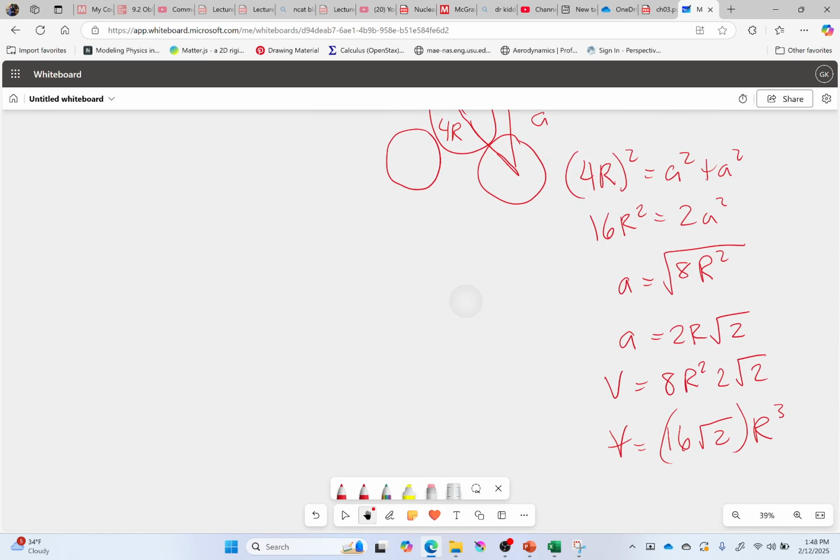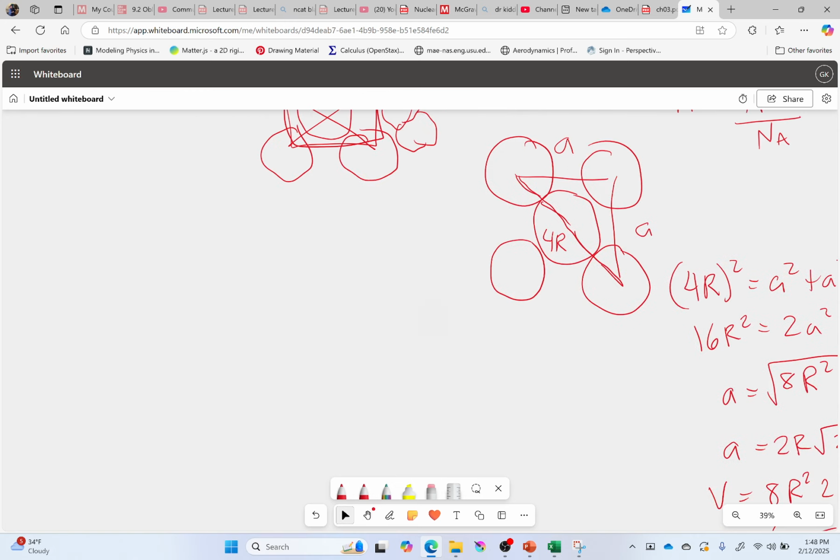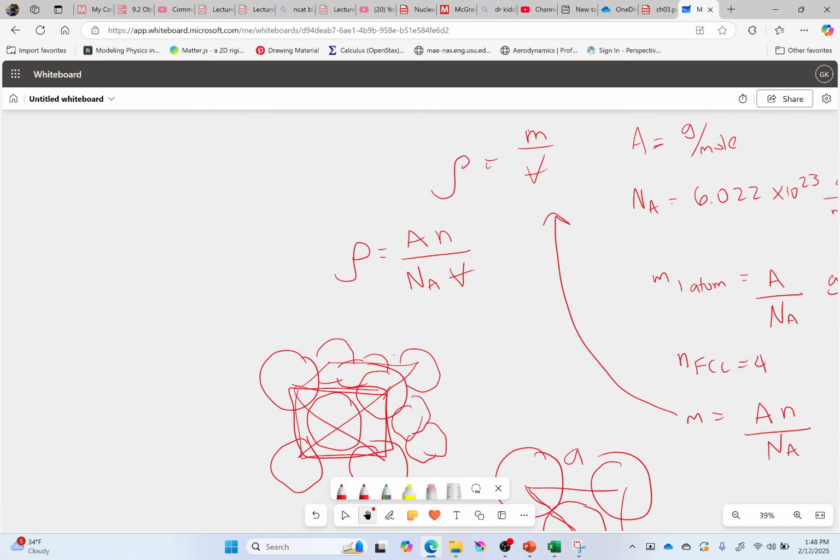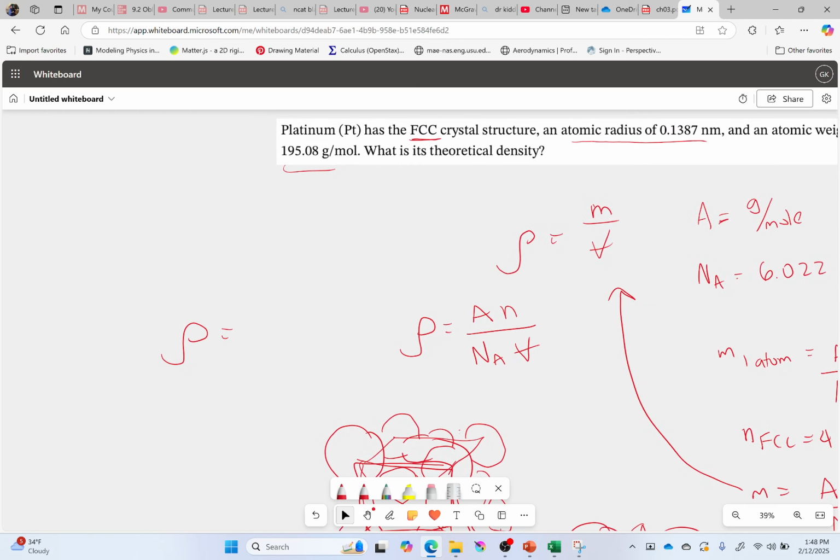So let's take that value and put it into my equation. Here we are. I get my density is equal to, and I'm going to start plugging in numbers now.